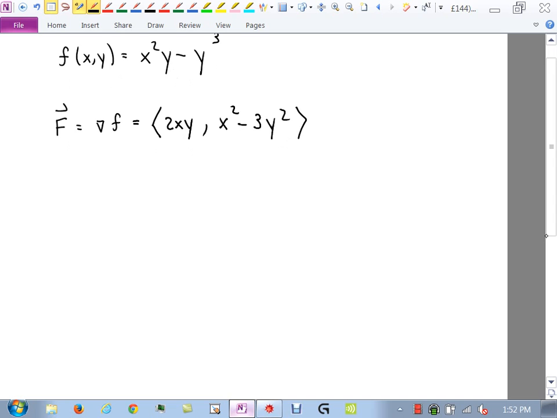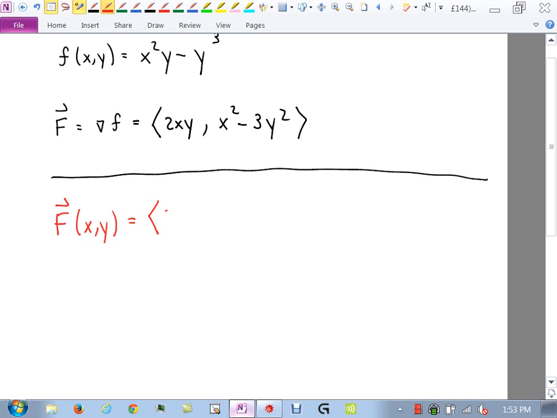Okay, now act like that didn't happen, all right? Act like that didn't happen. And I want you to sit here, and I'm going to start with this. F of x, y equals 2xy, x squared minus 3y squared. Okay, that is an example of a vector field, correct? Is it conservative?